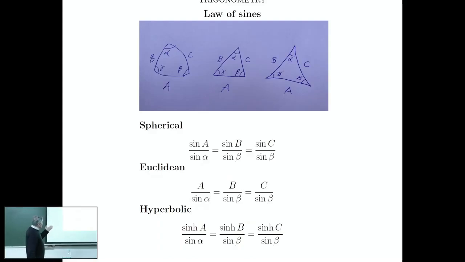I'm not going to prove the spherical and the hyperbolic laws of sines, but they are rather easy to prove if you have a little bit of experience with hyperbolic geometry. But the thing I want to highlight is that you keep the same formula, but you replace the sides by the sine of the sides in the spherical case, and by the hyperbolic sine of the sides in the hyperbolic case.